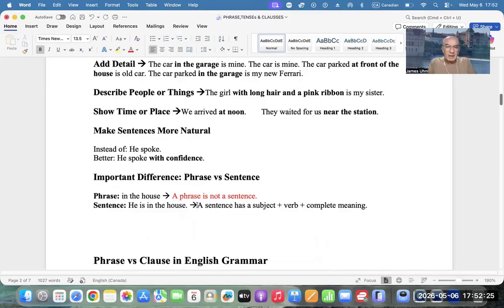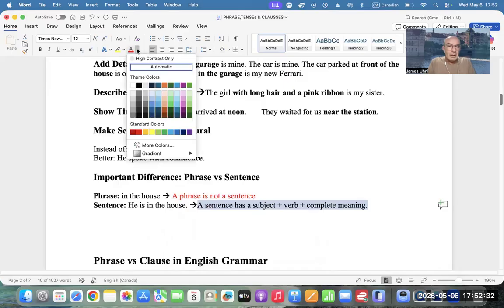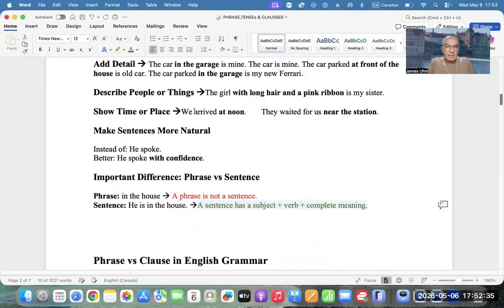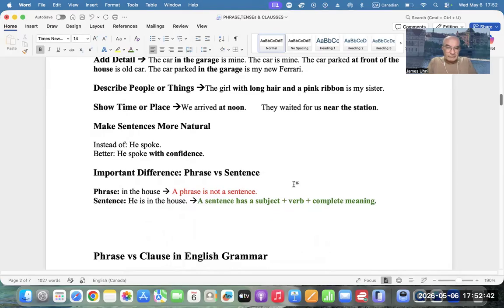So this I will highlight in different color and make it more visible. So this is very important. So remember, the phrase is part of the sentence. It adds more details to what the speaker is saying or to the sense of what we are talking about.